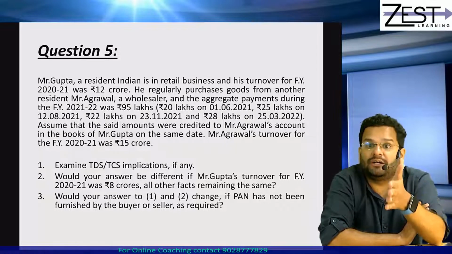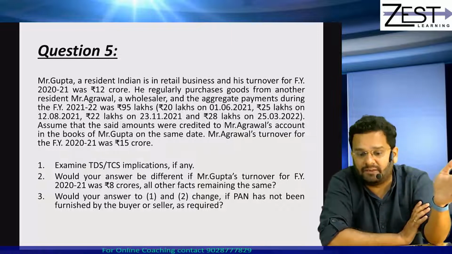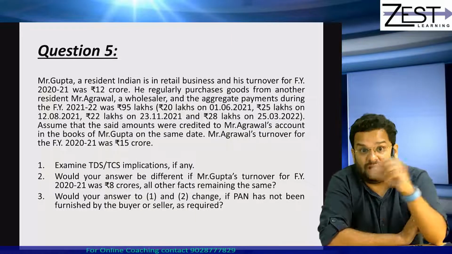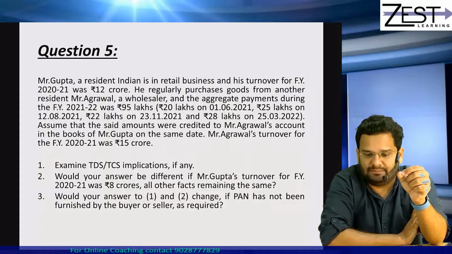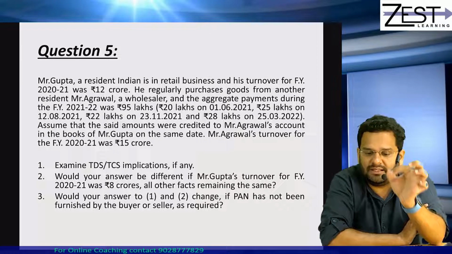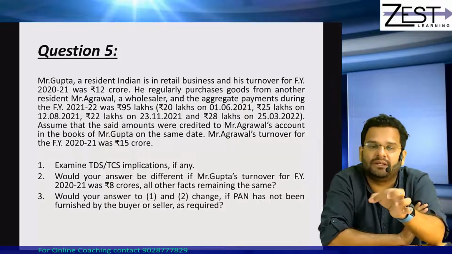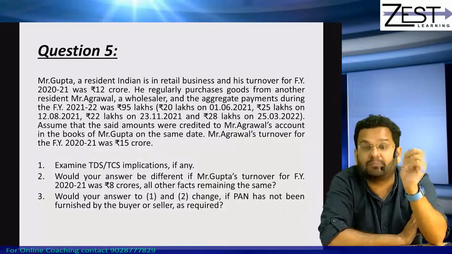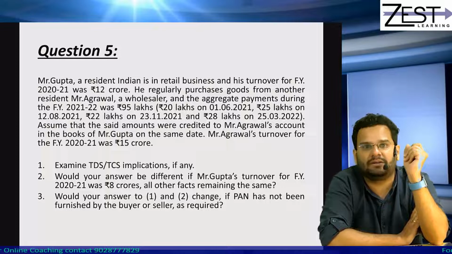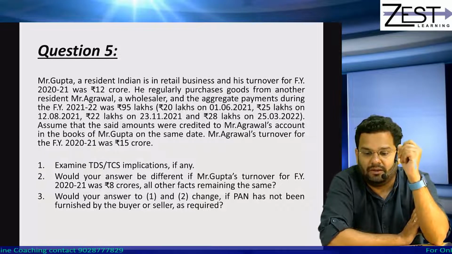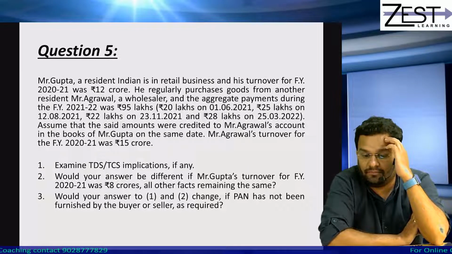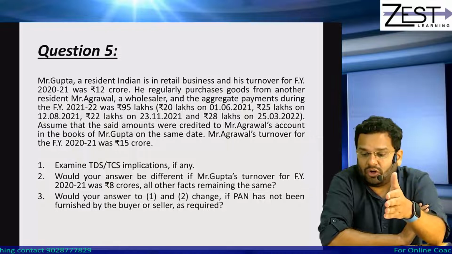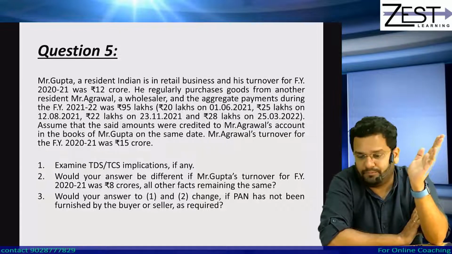So from 22 lakhs, subtract that 5 lakhs, बचेगा 17 lakhs. On 17 lakhs, you will calculate TDS at 0.1%. Check, कितना है 0.1%, गलती मत करना. ओके 17,000 होना चाहिए.